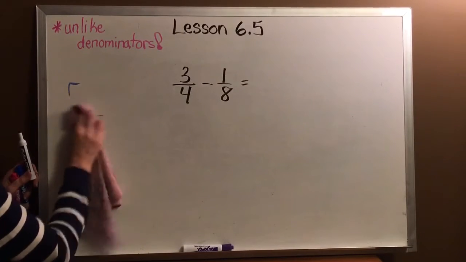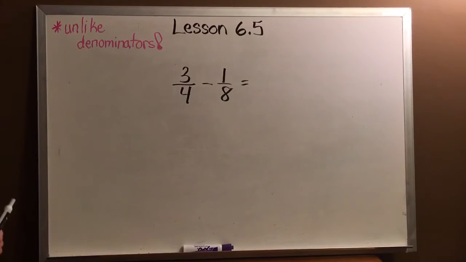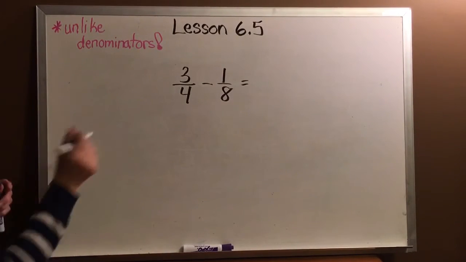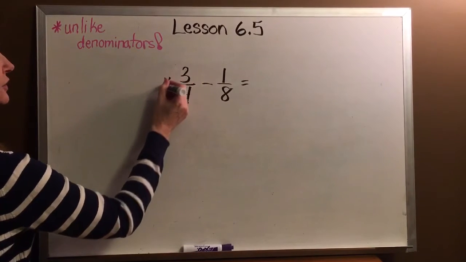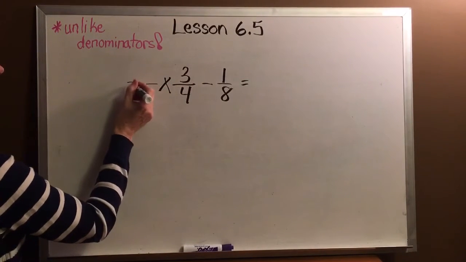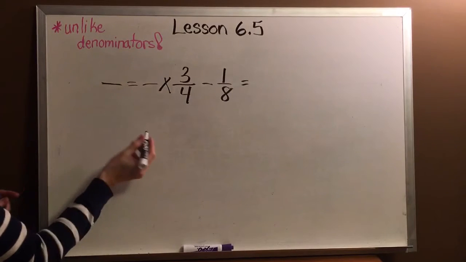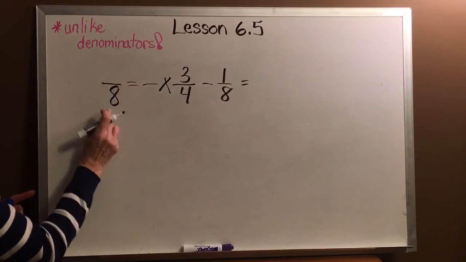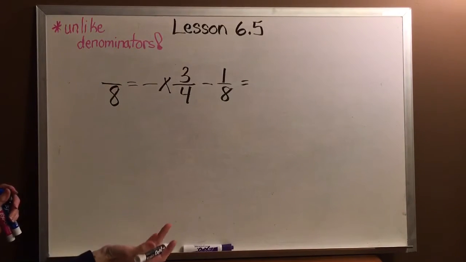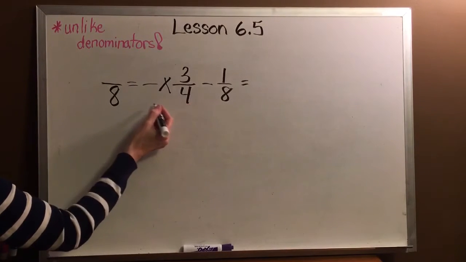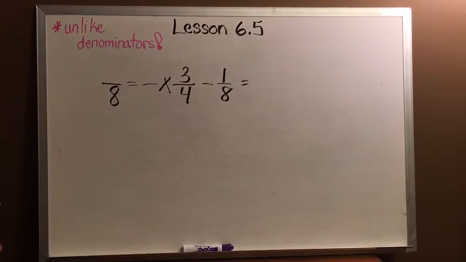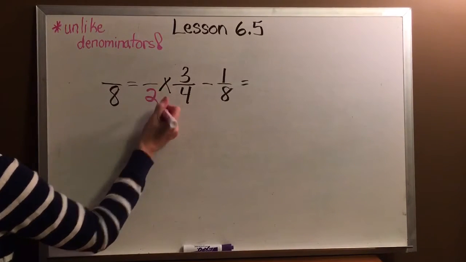All right, let's work on 3/4 so that we can have it with the same denominator. And this is how we go ahead and set it up. We want our new denominator of 8. How do we get there? 4 times what number would give us 8? 4 times 2 would give us 8.